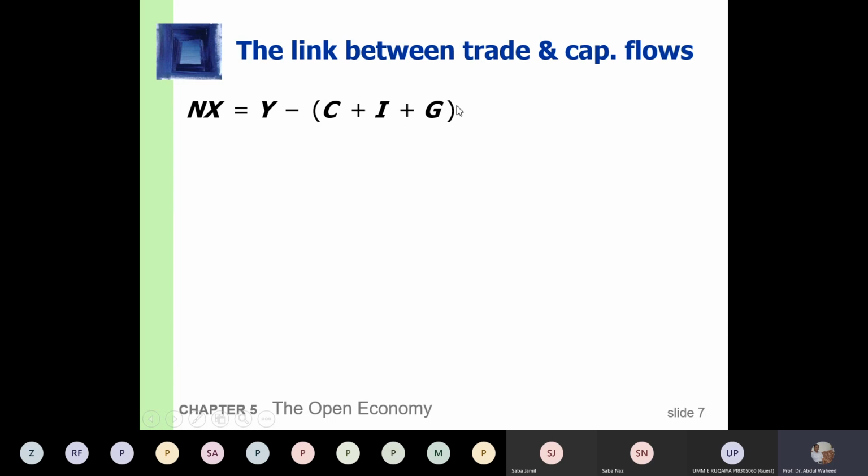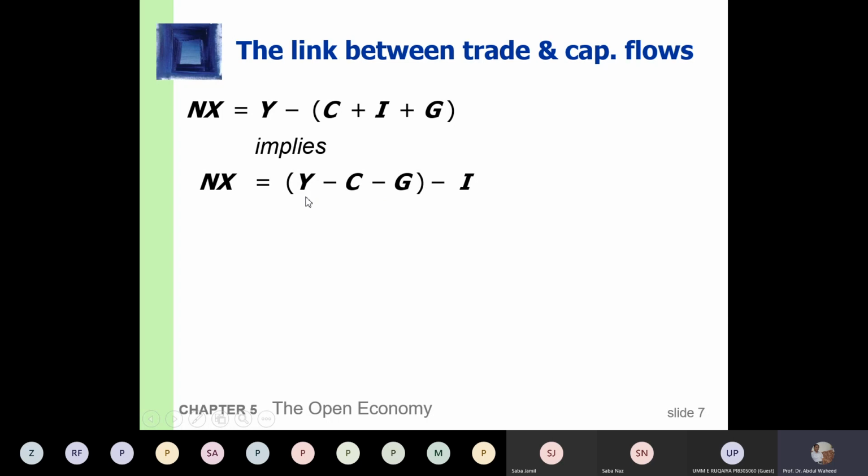So we can write this as Y minus C minus G, and then minus I here, because if I open this bracket, it will become minus C, minus I and minus G. So I put minus C here, minus G here, and then minus I here.